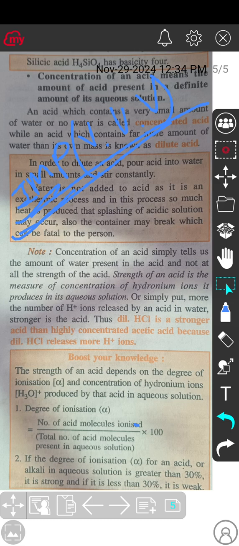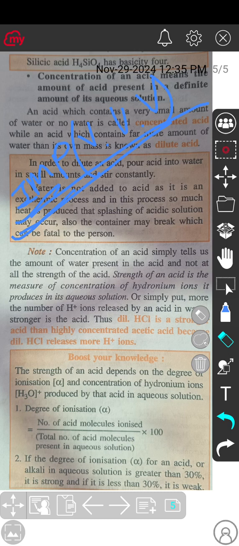The strength of an acid is determined by how many hydronium ions it produces in the aqueous solution. Strength of an acid means the concentration of the hydronium ions which the acid produces in the aqueous solution. So the more hydronium ions released by an acid in water, the stronger the acid.